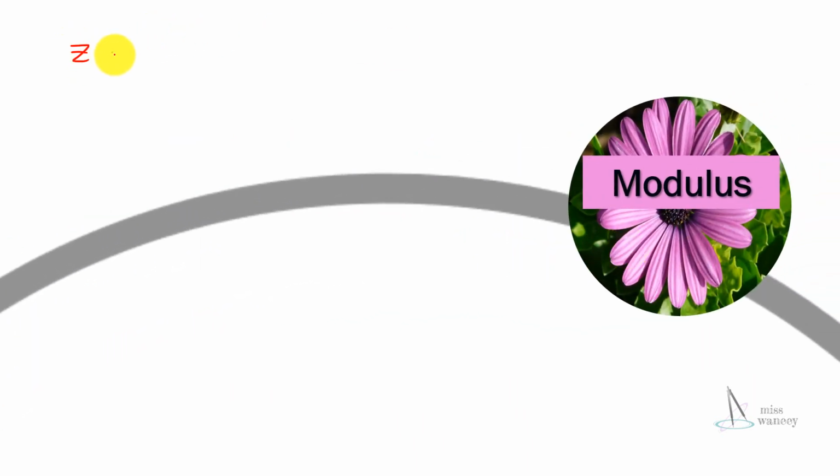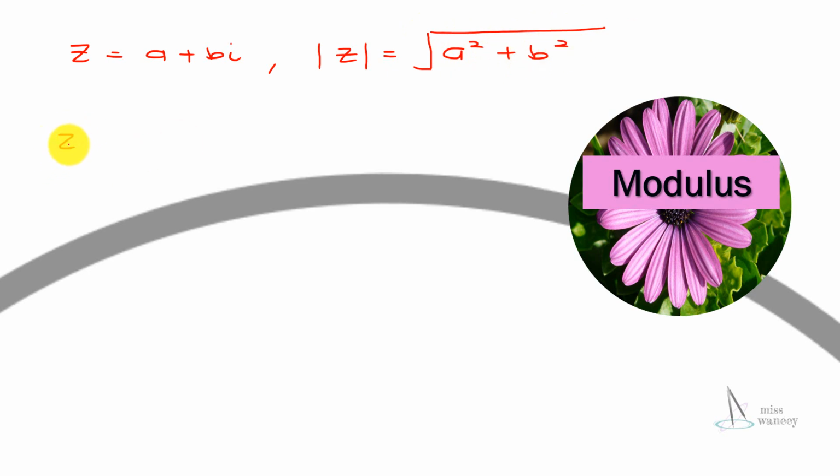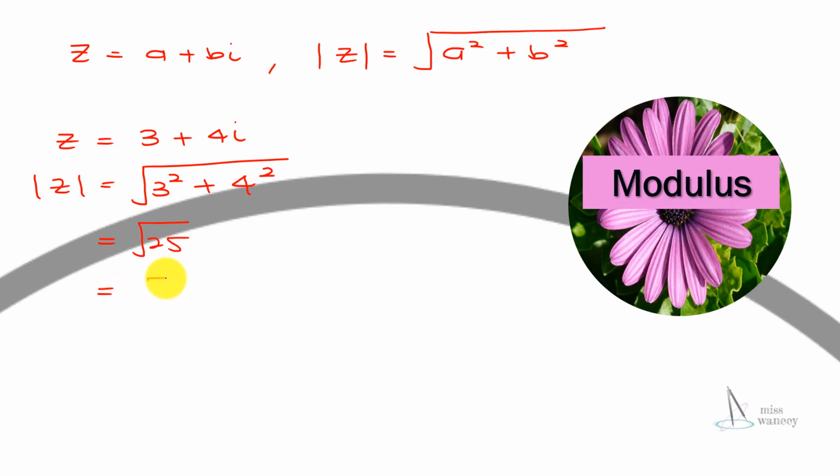If z is equal to a plus bi, then the modulus of z is equal to the square root of a squared plus b squared. Before this we have z equals 3 plus 4i, so the modulus of z is simply the square root of 3 squared plus 4 squared. 3 squared is 9, 9 plus 16, so this is the square root of 25, which is simply equal to 5. So that is our modulus. Modulus, done.